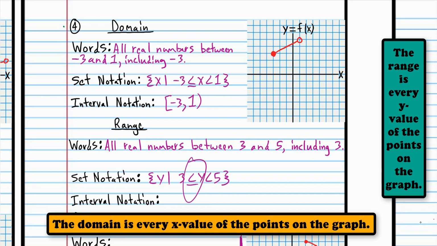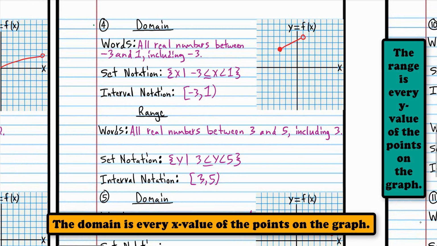So we need a less than or equal to symbol there. And in interval notation, we need a bracket, 3, and then comma, 5, and then a parenthesis, because 5 is not part of the range. So if you got that one right, excellent.